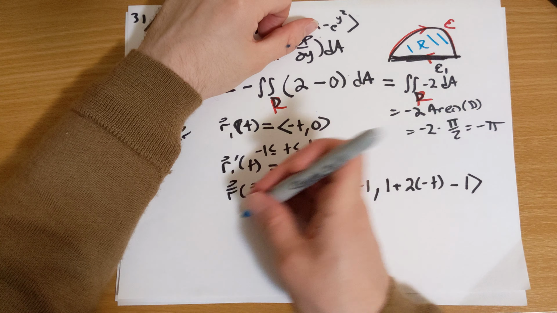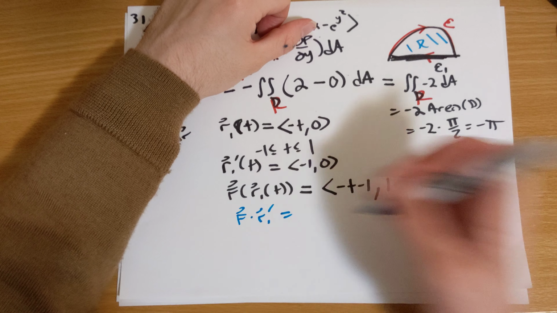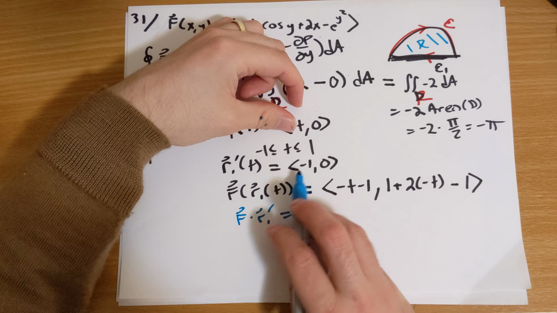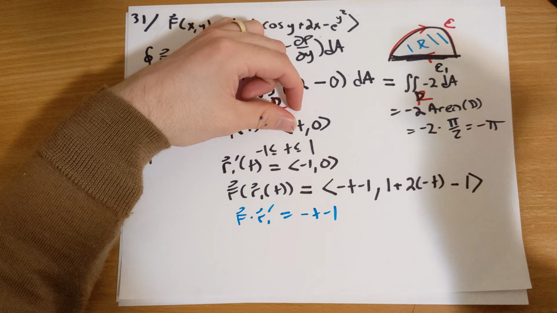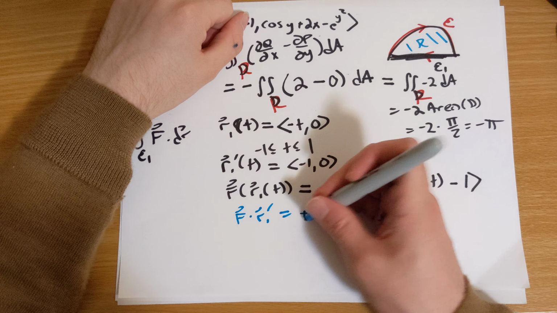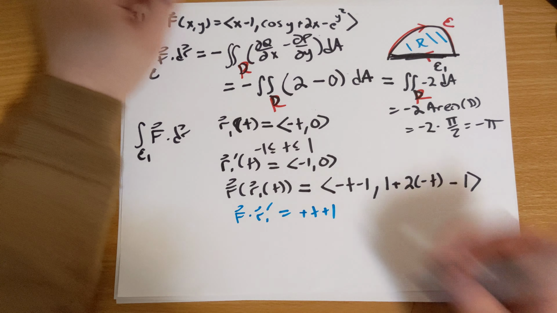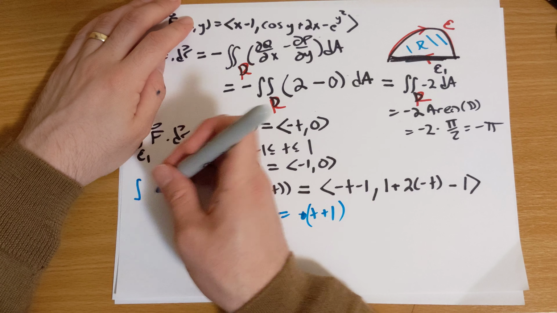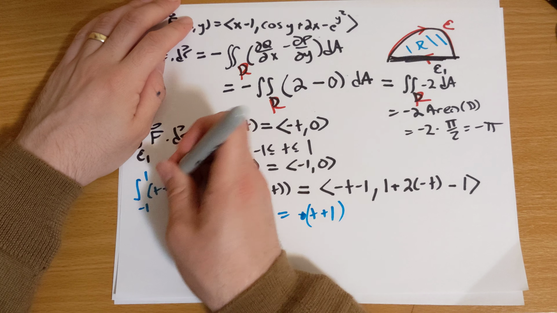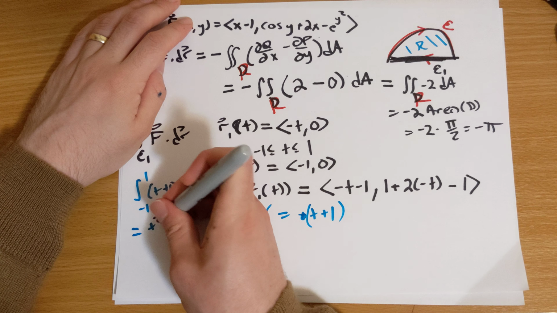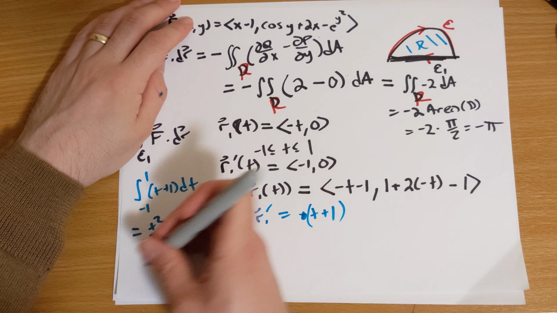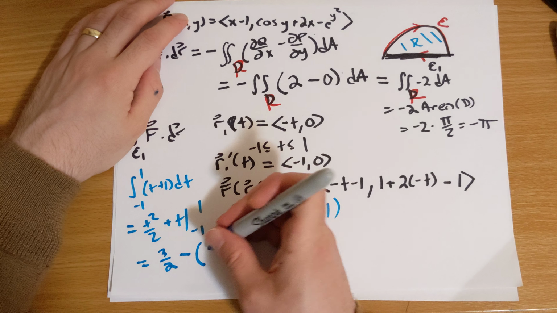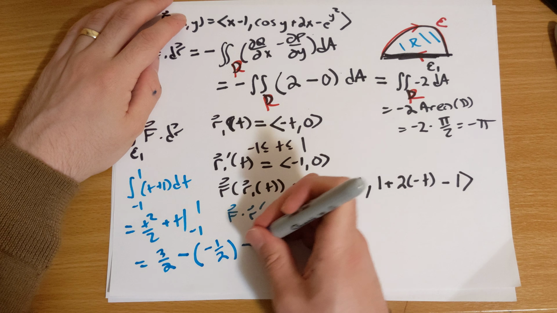But when we do the dot product, F dot R1 prime, we will end up with negative t minus 1 plus who cares, so positive t plus 1, because that's minus 1 times that. So we're going to integrate t plus 1 as t runs from minus 1 to 1. So this will give us t squared over 2 plus t, plug in minus 1 to 1. And so this is 3/2 minus negative 1/2, and that's 2.